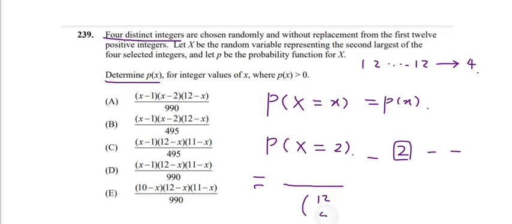So what are the chances the second largest is 2? The first one should be 1, so no other choice: 1, 2.